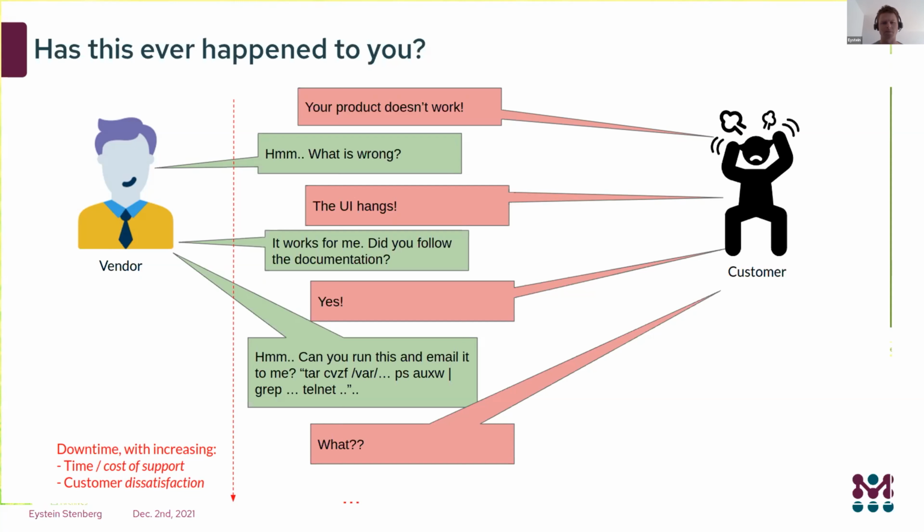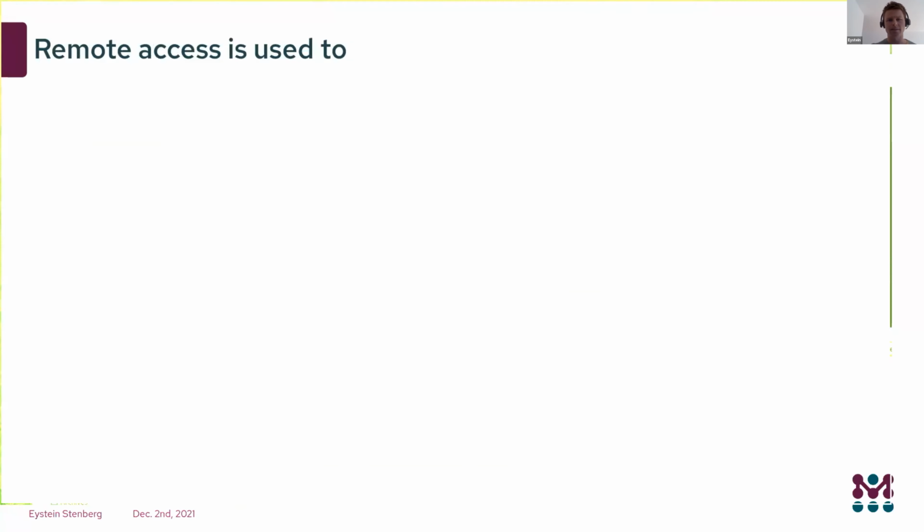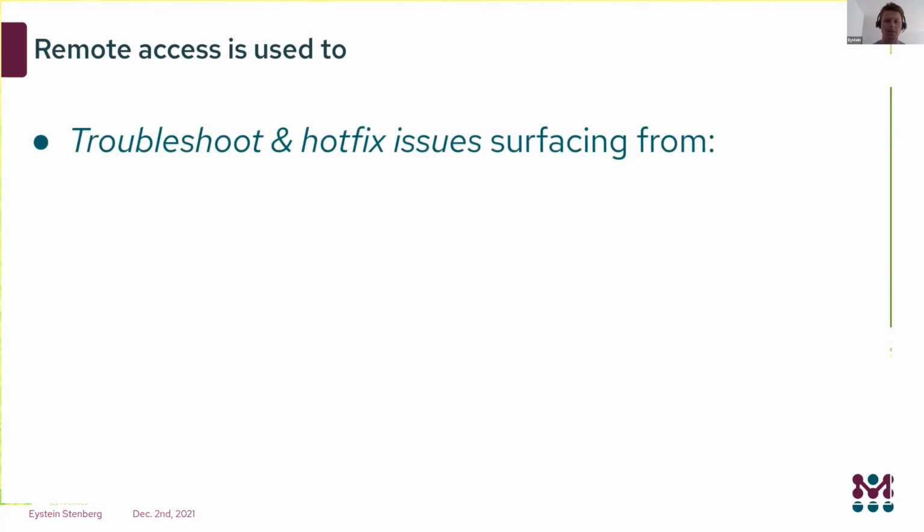So that's the motivation behind remote access, because in the scenario where you have it, you would use it to troubleshoot and hotfix issues coming from customer support primarily. That's typically the case where it's a reactive scenario.